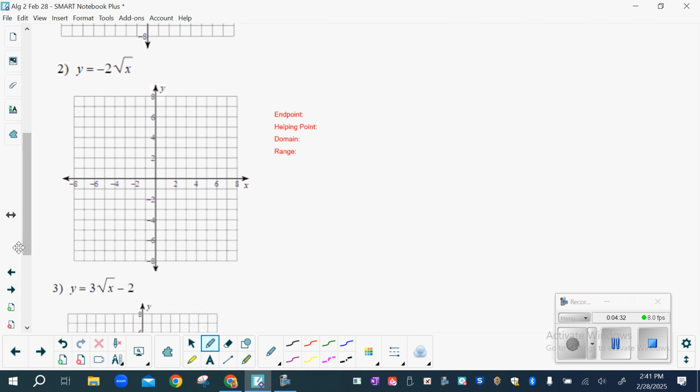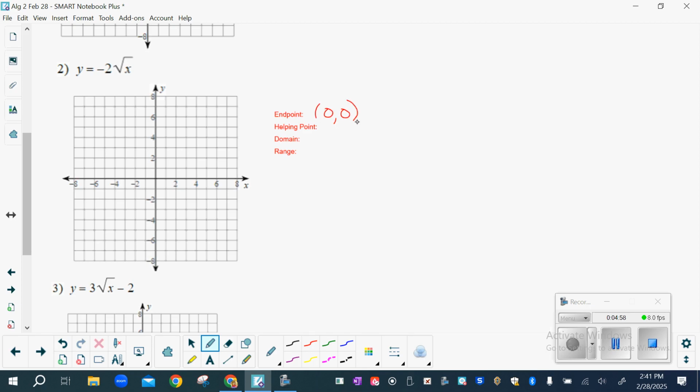Okay, so now we've got a negative 2 in the front there. So what's my endpoint? I want to know what the endpoint will be. 0, 0 again.